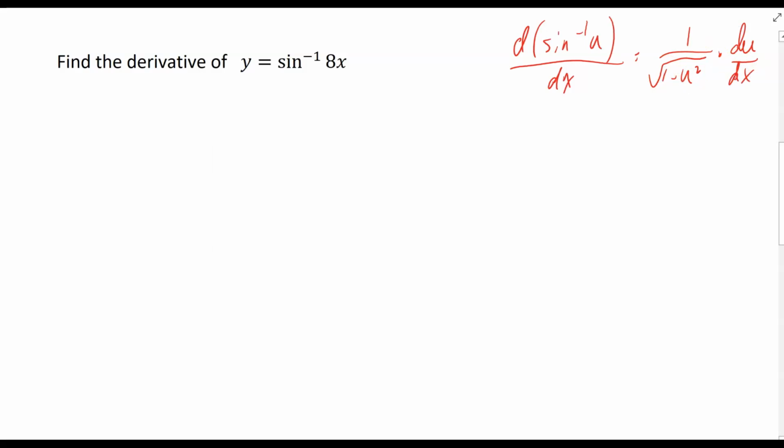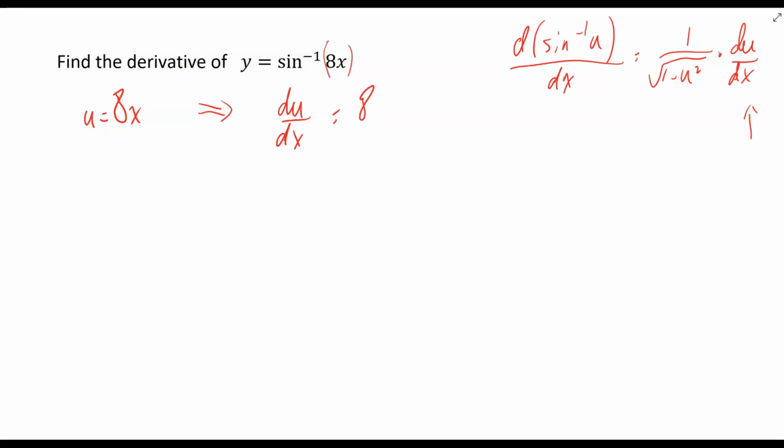So we have to make the sine ratio portion equal to our u. So let's say u equals 8x. And the reason we need to do this, and also for the second portion of the formula, is we need du dx. So right away, we might as well find du dx, okay? Well, the derivative of 8x with respect to x is just 8.